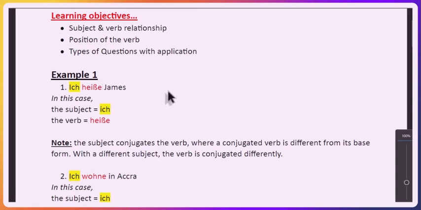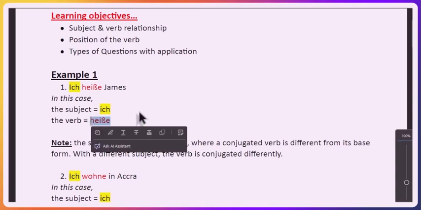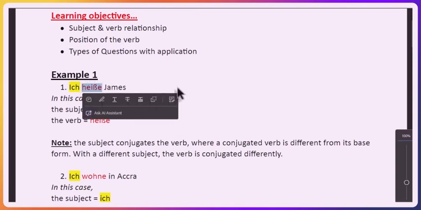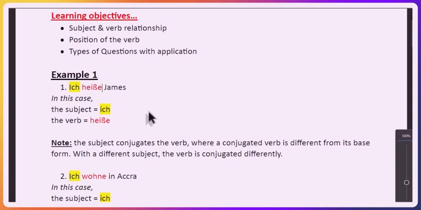So we know I is the subject and am is the verb. And in German, the verb mostly takes the second position in the sentence, no matter what. In most cases, especially a sentence like this without a question, the verb will take the second position. You can swap the subject around; the subject is flexible, it can go right or left.